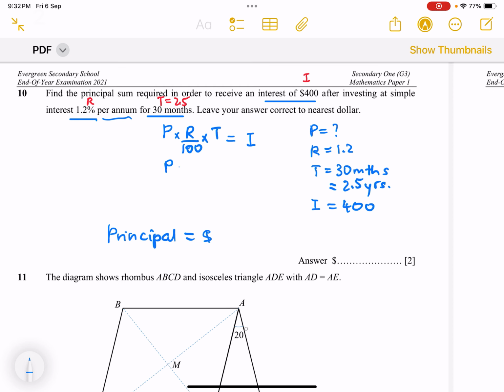So putting this into the formula, we have this is 1.2 times the time is 2.5. Interest is 400.